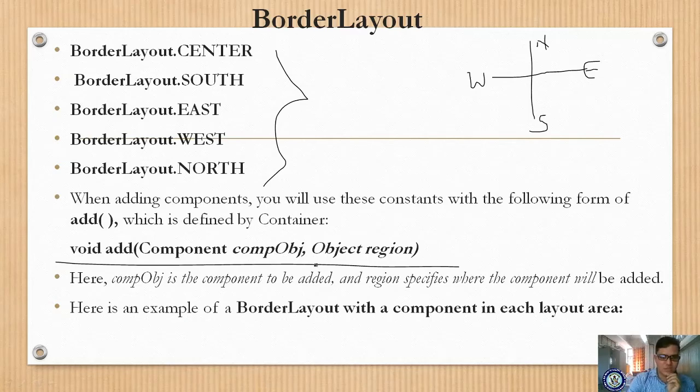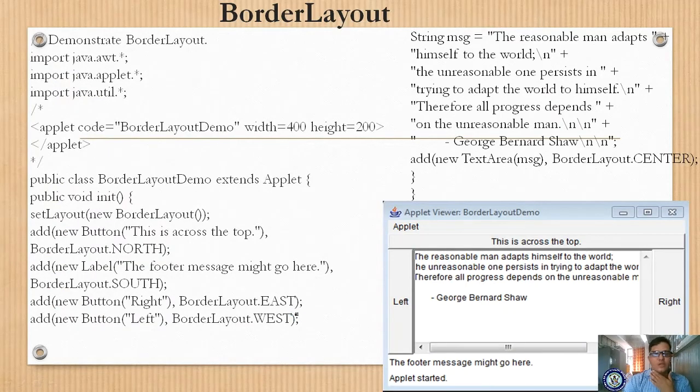Let us see a simple example which explains border layout with a component in each layout area. Let us give more attention to this border layout, then you can identify what exactly is happening here.